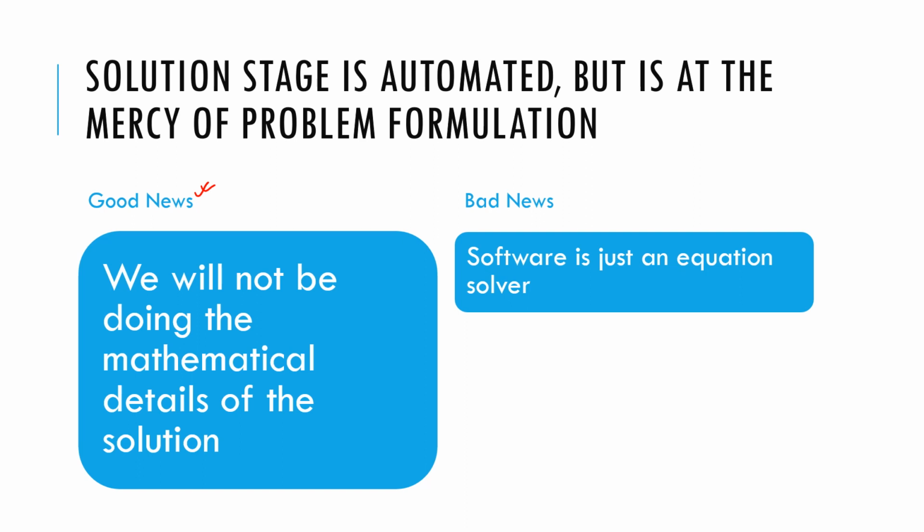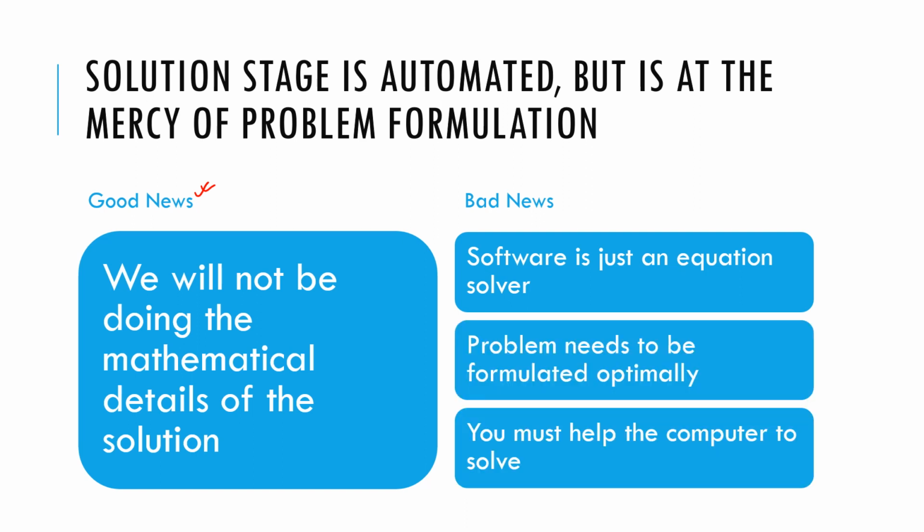It's simply solving the equations that you provide. If we do not formulate correctly in the problem formulation stage, that's here, the computation may be too hard, or we might have thrown out some important physics. Okay, so all that will not be caught in the solution stage.